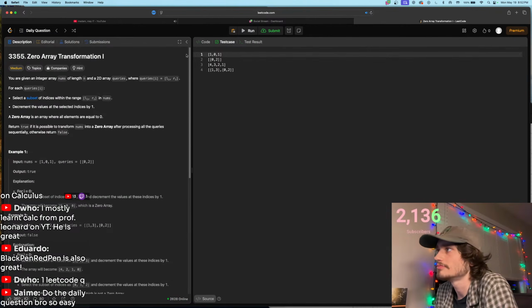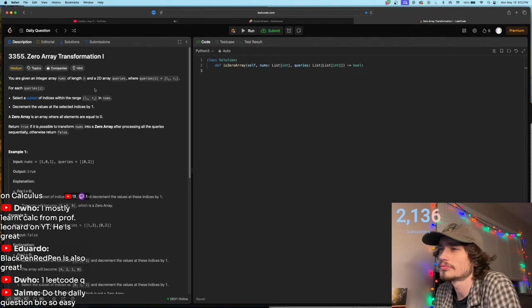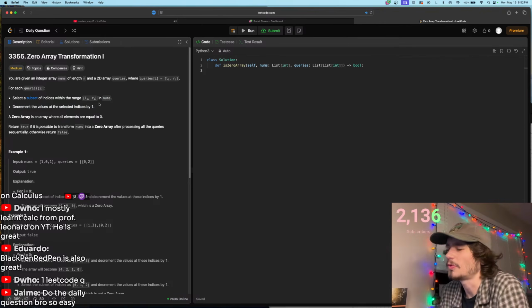Oh boy. You are given an integer array nums of a certain length and a 2D array queries, where queries at index i is Li, Ri. For each query's index i, select a subset of indices within the range Li, Ri in nums, and decrement the values at these indices by 1. What?